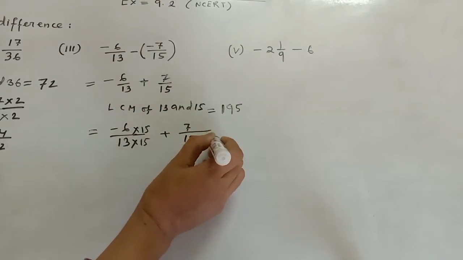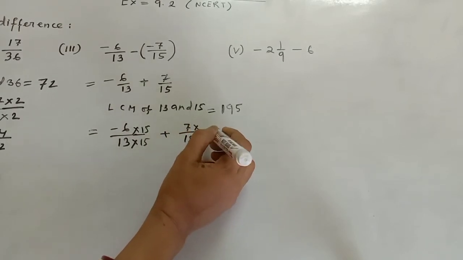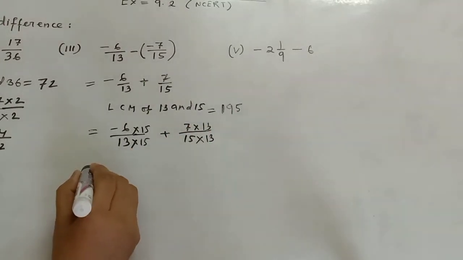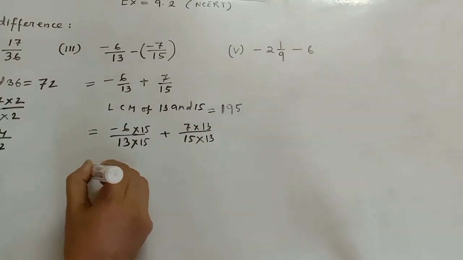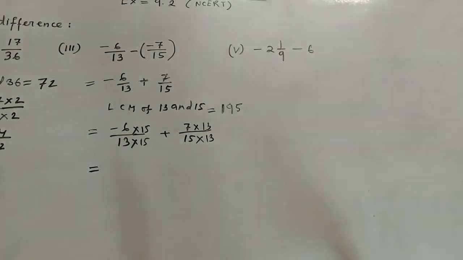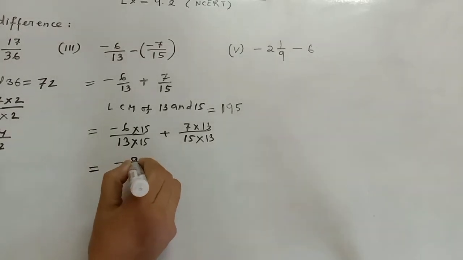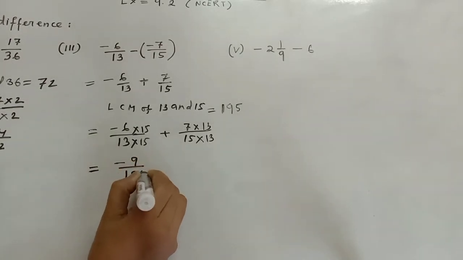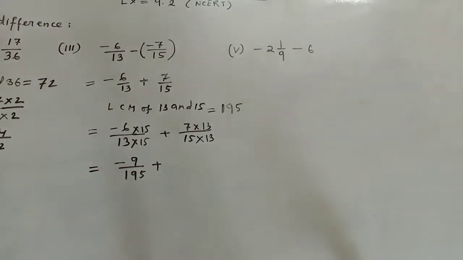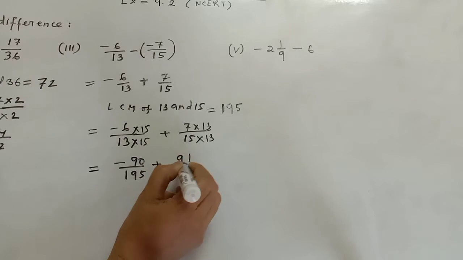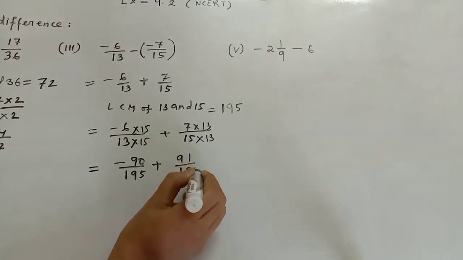Here you have to multiply both numerator and denominator by 13. Then 6 15s are 90, so minus 90 by 195 plus, 7 13s are 91, so 91 by 195.